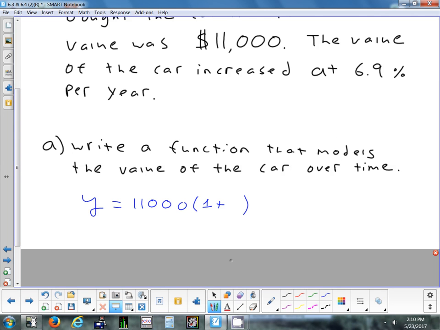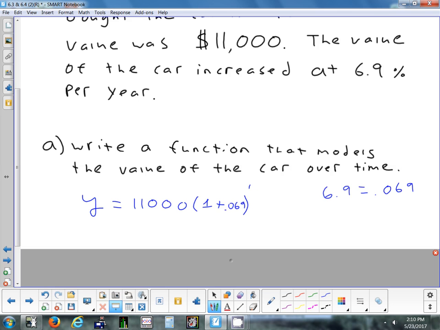And now, how do we write the rate? Not 6.9. Remember, 6.9% is 0.069. Okay? You gotta make sure you hit that percent with decimal. One more thing I need. Not quite done.